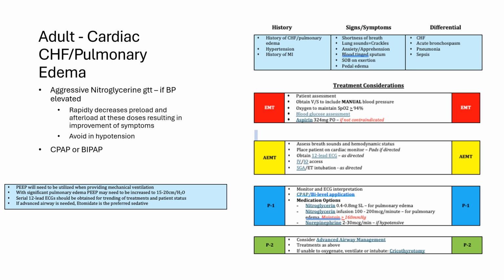The goal is to maintain a blood pressure just above 160. So for your really hypertensive CHFers, like your hypertensive crisis CHF, flash pulmonary edema, they're like 180 over 110, I'm okay if there's no contraindication. You start your nitro drip at 100 mics per minute, and then up titrate to like 120, 140, doing it rapidly over the next 5 minutes.